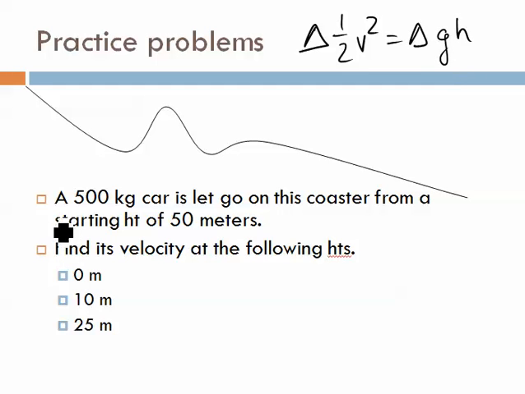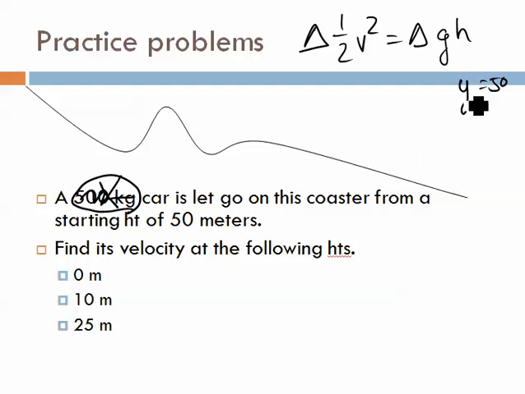So, for example, this 500 kilogram car, but notice, mass is irrelevant, so this is just extra information that's not even really necessary to solve our problems here, is let go on a coaster from a starting height of 50 meters. So we know that it's going to start at 50 meters, so yi is 50 meters. Find its velocity at the following heights, right, at 0 meters.